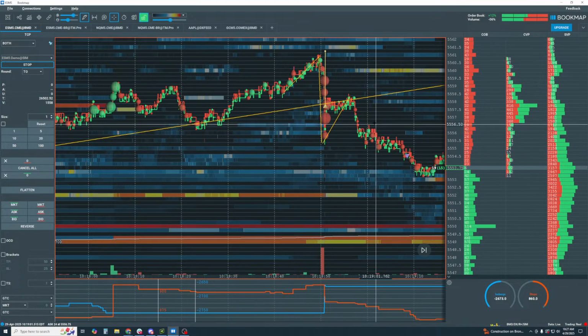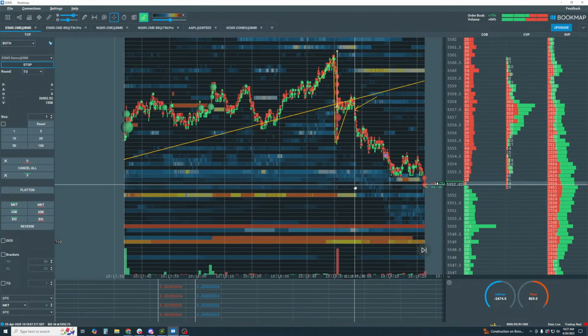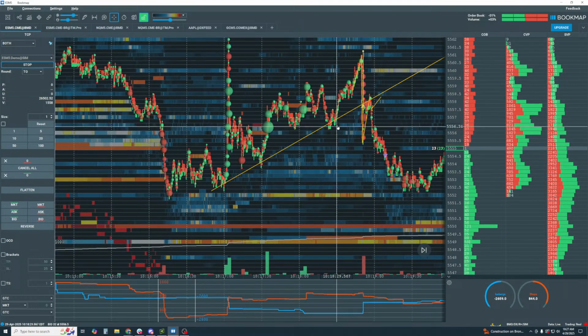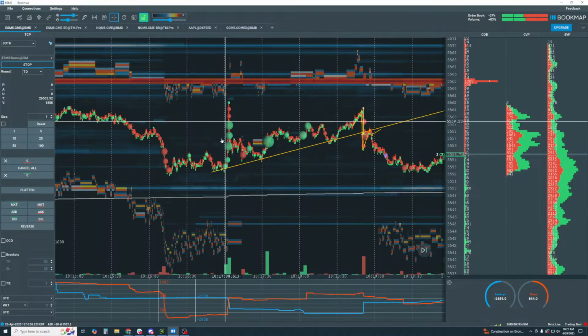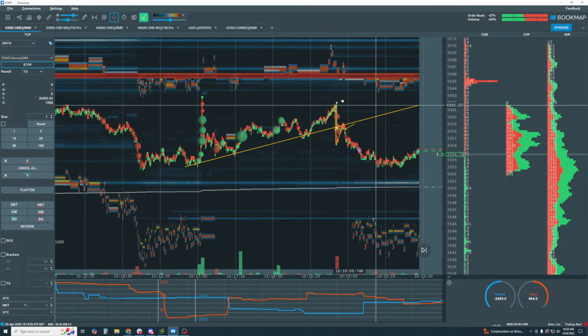That's your pullback, and then entry could be somewhere around in here. Now this happened really quickly. As you know, you've got some time typically to enter on these trades, in the midst of all this volatility as well.